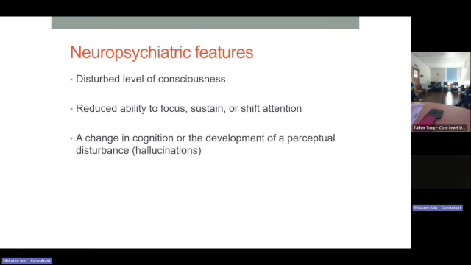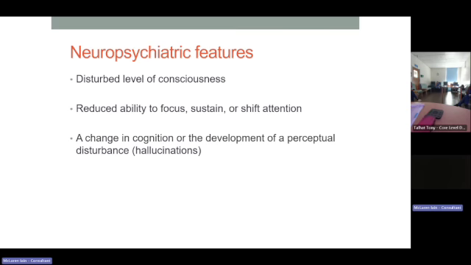So what are the features? Well, as that DSM definition suggests, there is a disturbed level of consciousness. That might be a heightened level of consciousness or agitation, or it might be that the patient is lying there very quietly, and may even develop into coma.